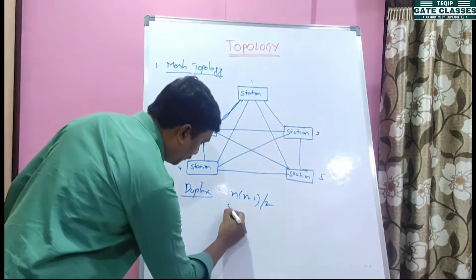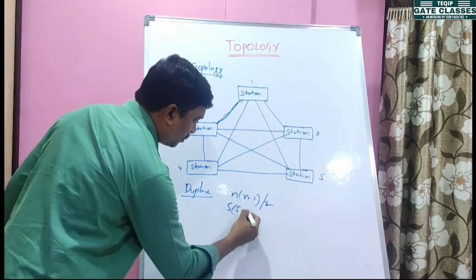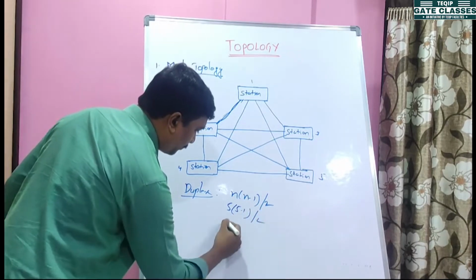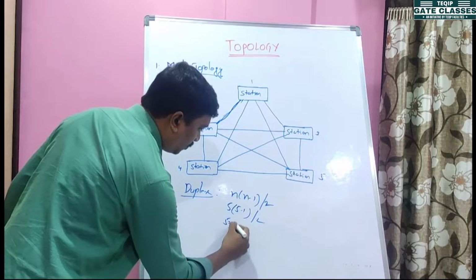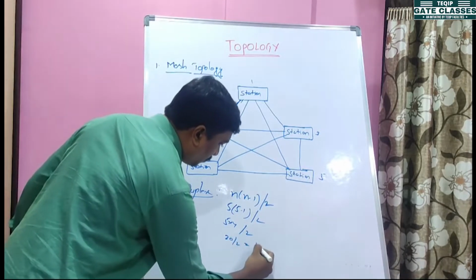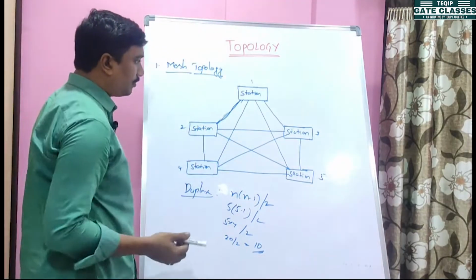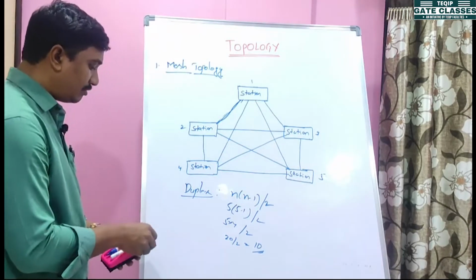So 5 into 5 minus 1 by 2, which is 5 into 4 by 2, equal to 20 by 2, equal to 10 cables are required. Please count how many cables there are.